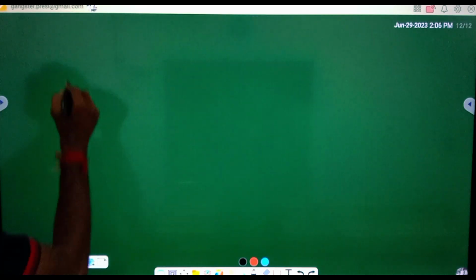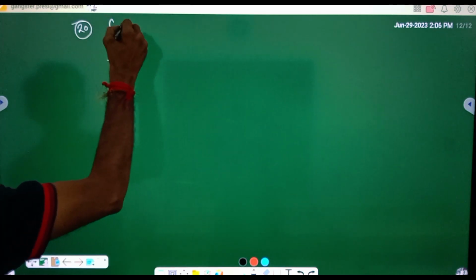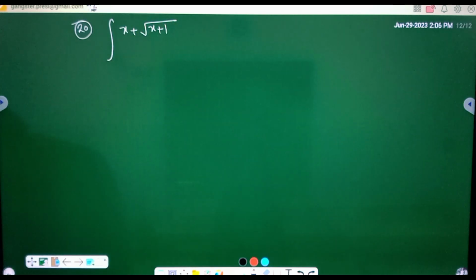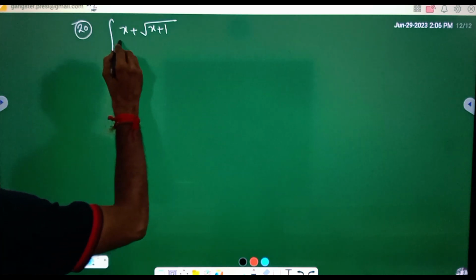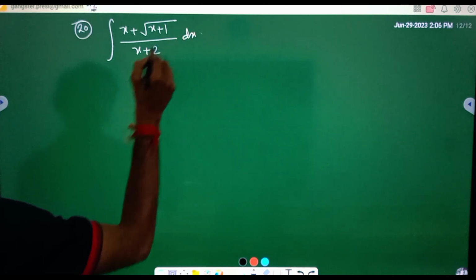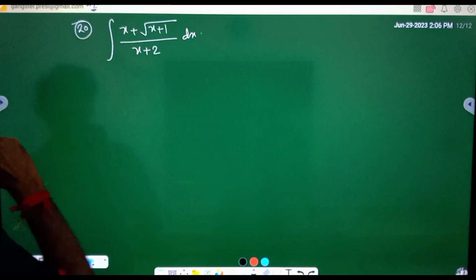Now moving on to the next problem, the 20th problem, and that is the integration of x plus under root x plus 1 divided by x plus 2 dx. So what will be the procedure here?